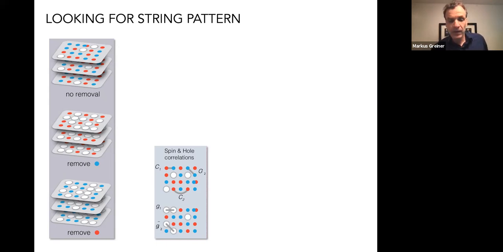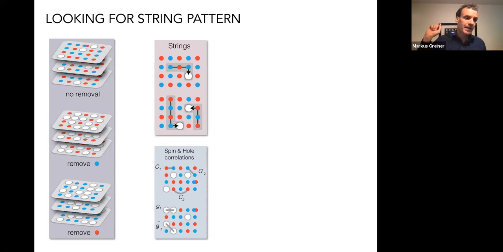But you can also do much more than that, because you have a complete snapshot. That means you can look at, for example, high-order correlation functions. Recently, in the context of many-body localization, we were able to see that this is an amazingly powerful tool.